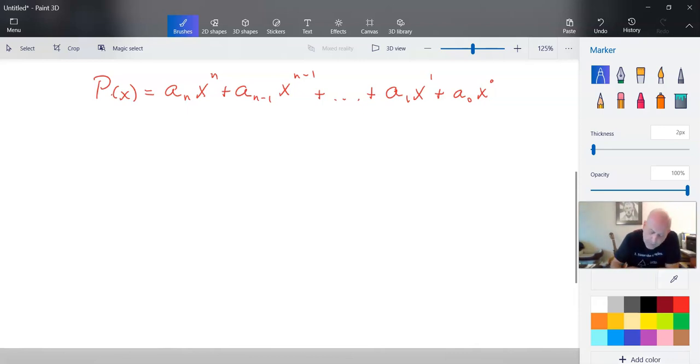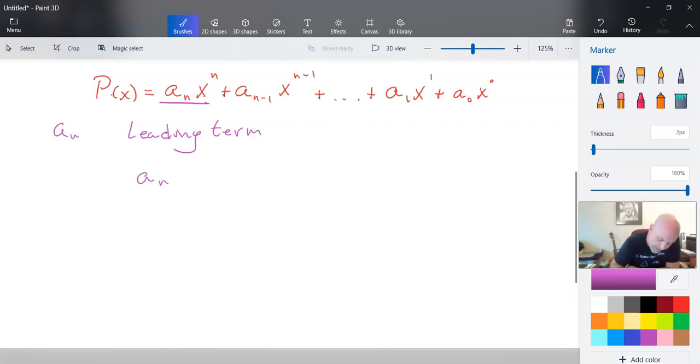Now, parts of this that are of interest. This right here is called the leading term. That's the leading term because it has the highest exponent on a variable. Actually, I should do it this way. a_n x to the n is the leading term. a_n is the leading coefficient.